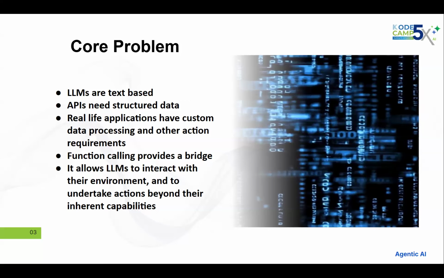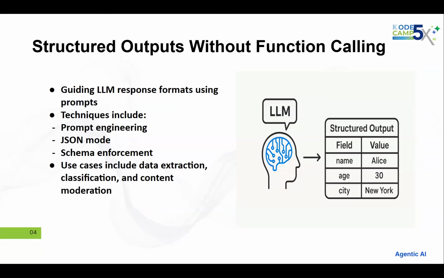Since they are essentially just next token generators, if you remember what we talked about when we looked at LLMs in our first or second class. So yes, LLMs can actually generate structured output without function calling, right? But that is still somehow limited.